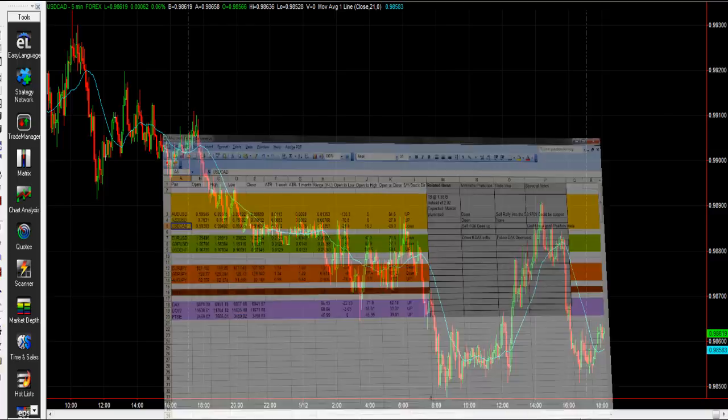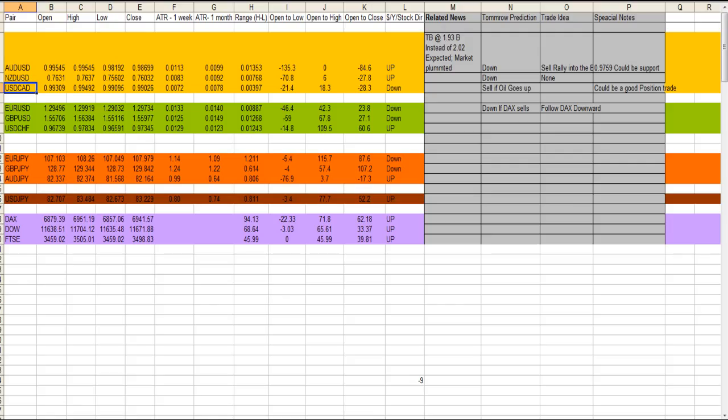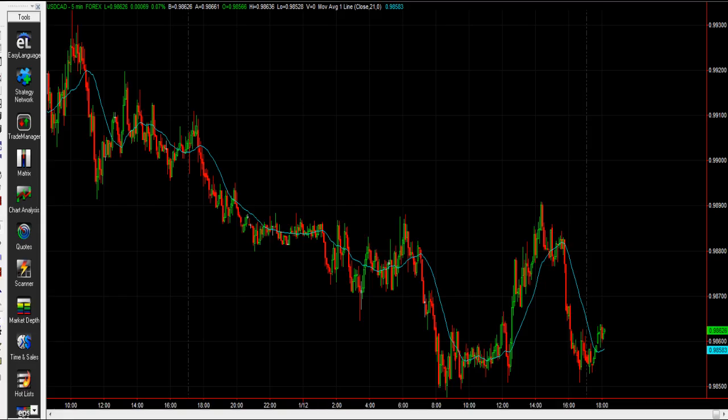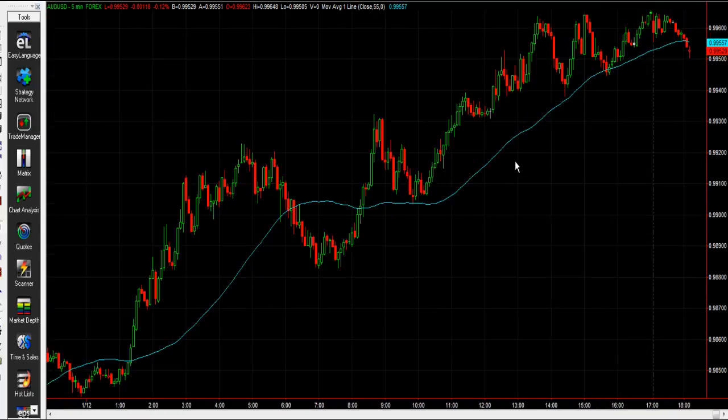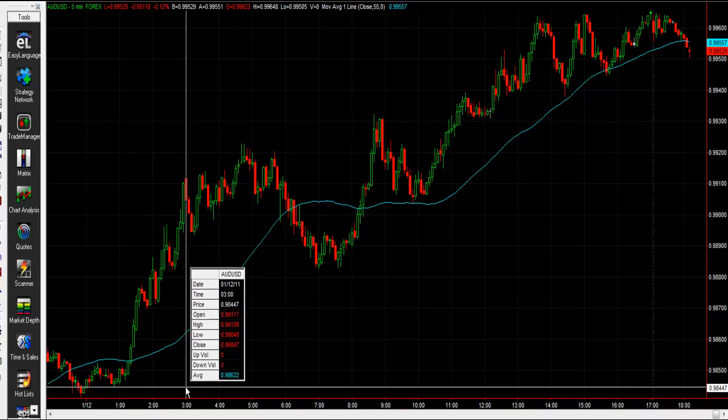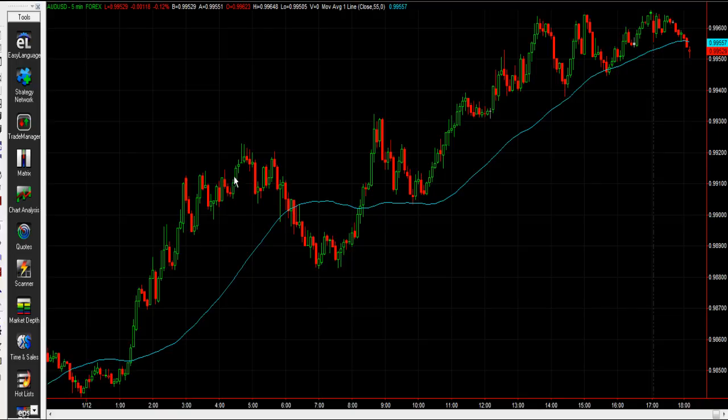Now let's look at how one would have gone about trading the Australian dollar. I mentioned sell the rally into the European session. So let's pull that out, the Aussie USD. During the European session, if we had a rally, an ideal place to sell would be right out here when we had a cross on the moving average.